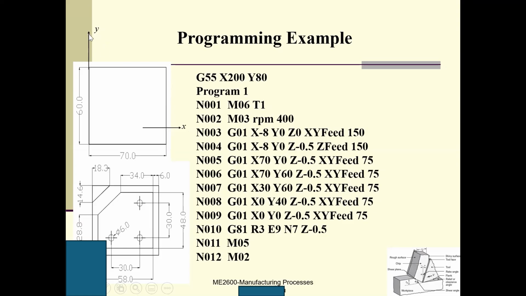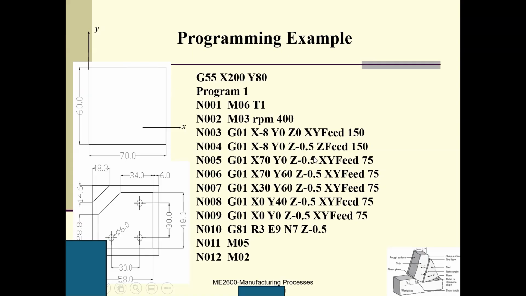So this is my Y, right? This is my X. X minus 8, Y0, Z0. So you can see this is the Z, right? Z is changing. That means I'm milling down.